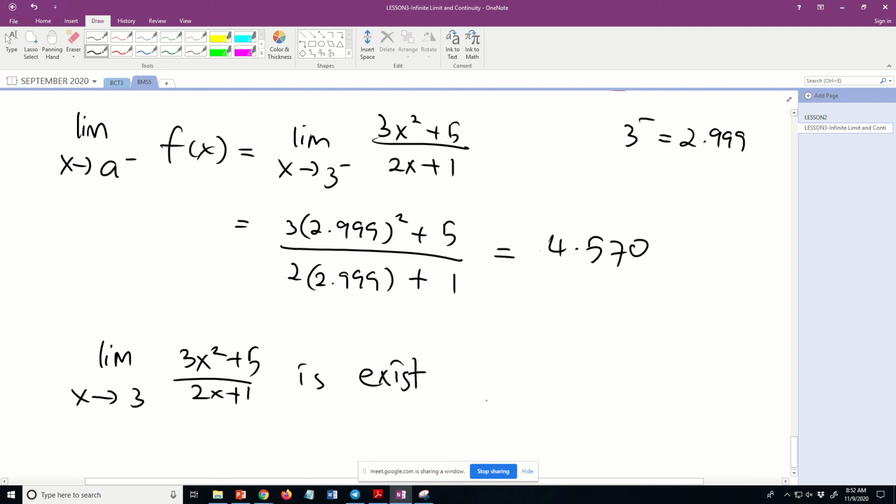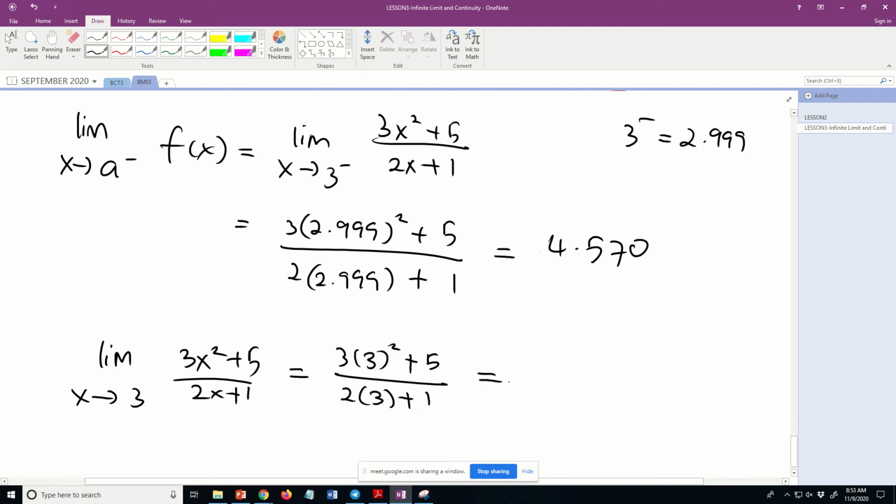Exist, what does that mean? It is equal to what? If it exists, and you are sure, you can substitute 3 directly. Because of what? Because both sides are the same. So you can do this.